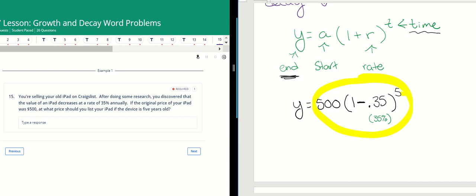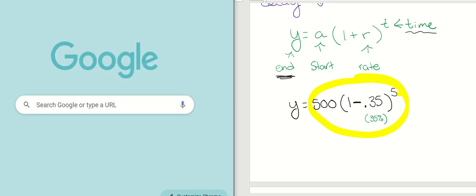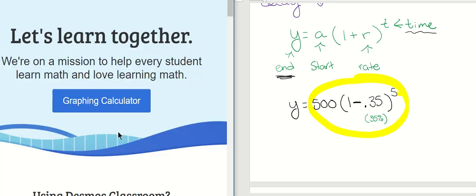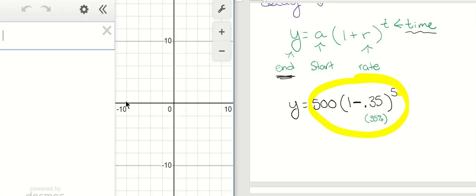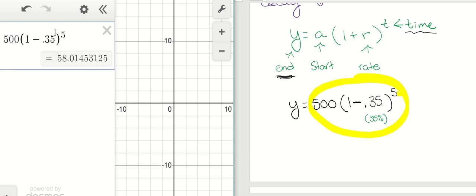So what you can do at this time is open Desmos, or you can use your favorite graphing calculator. It doesn't matter to me. But we're going to put that right in there. So we're going to say 500 times 1 minus 0.35. And again, we're doing minus because it's losing value, to the 5th power.